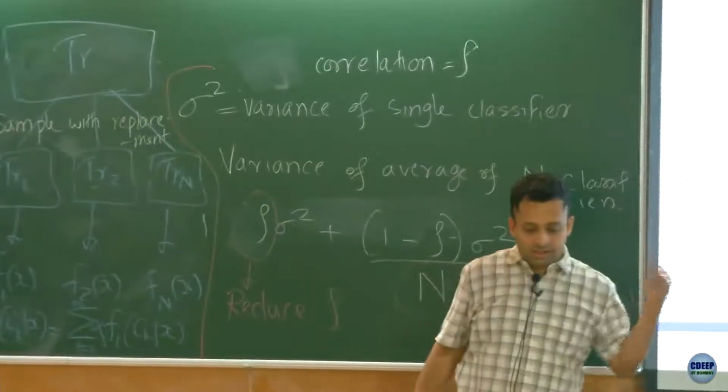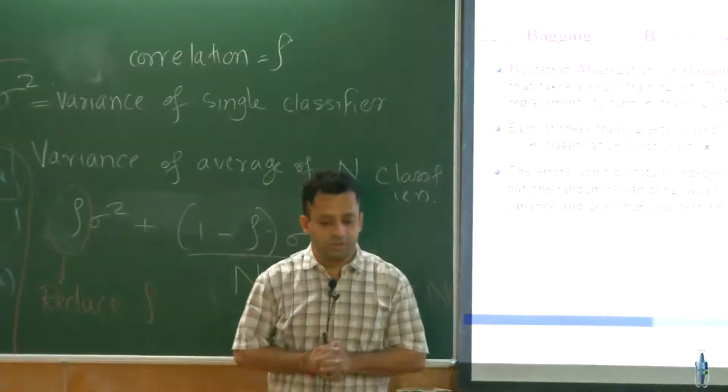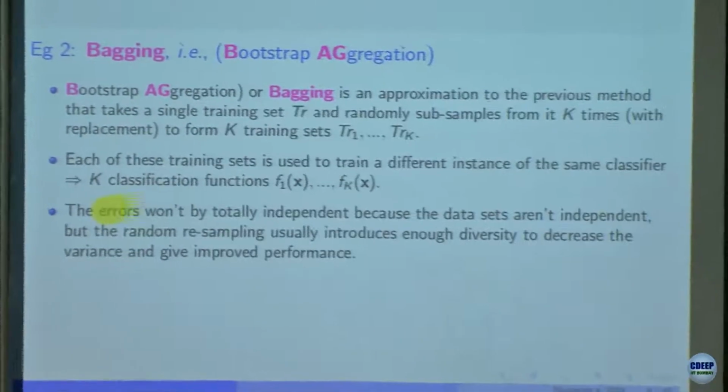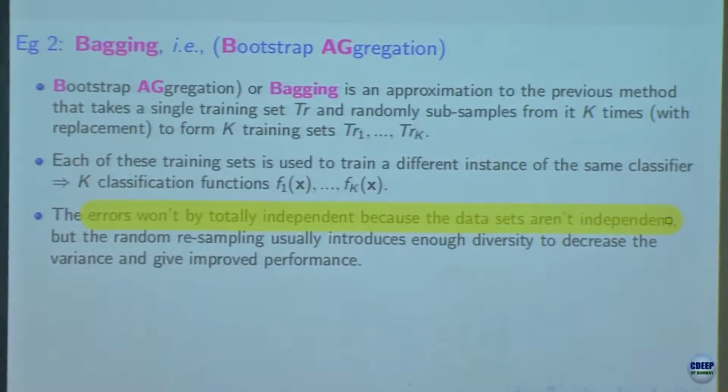So you'll sample as many times as the number of classifiers you want to learn. Okay, so of course the trade-off we have now is that the errors won't be totally independent because the data sets aren't independent. But the process of resampling gives you enough diversity.